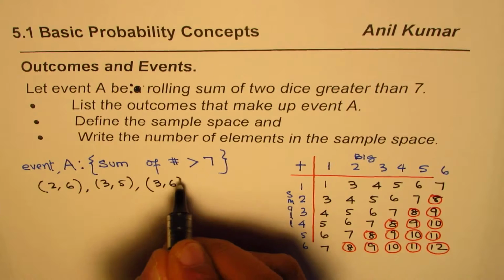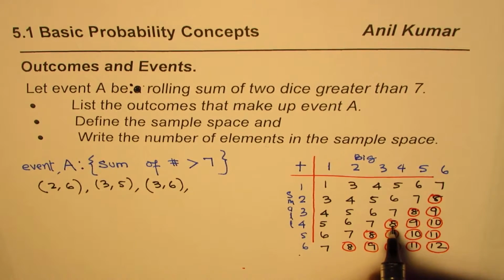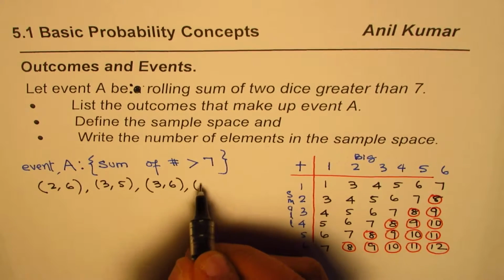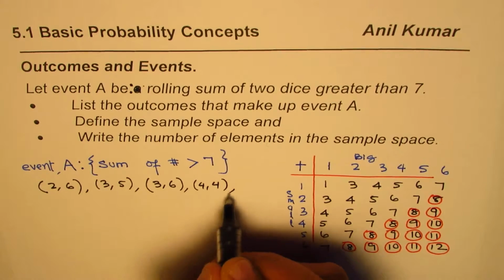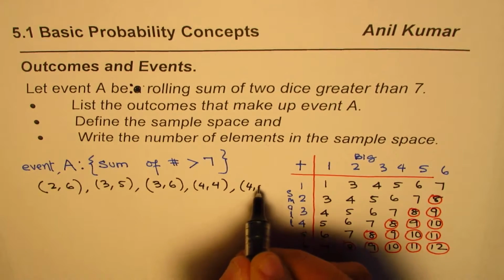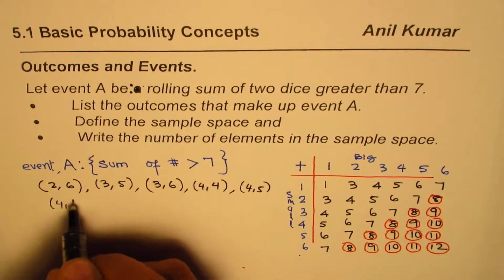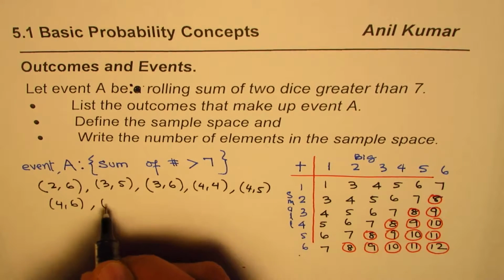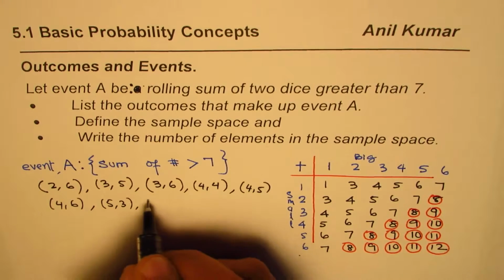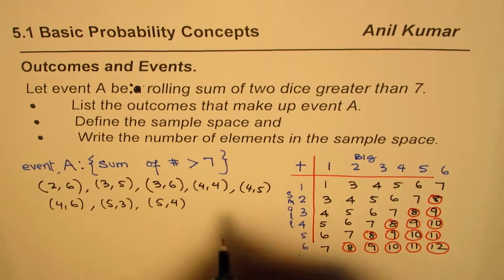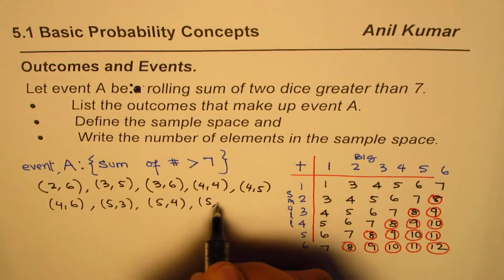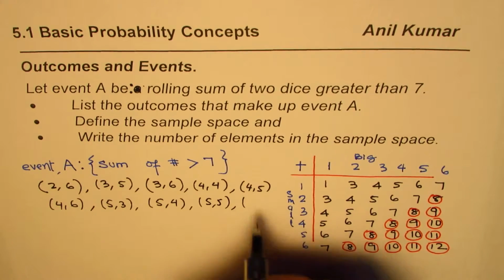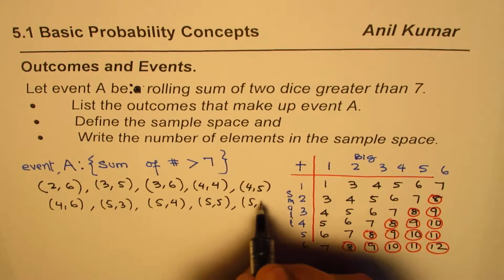Then 4 and 4, 4 and 5, 4 and 6, and next column 5 and 3, 5 and 4, 5 and 5, and then 5 and 6, correct?